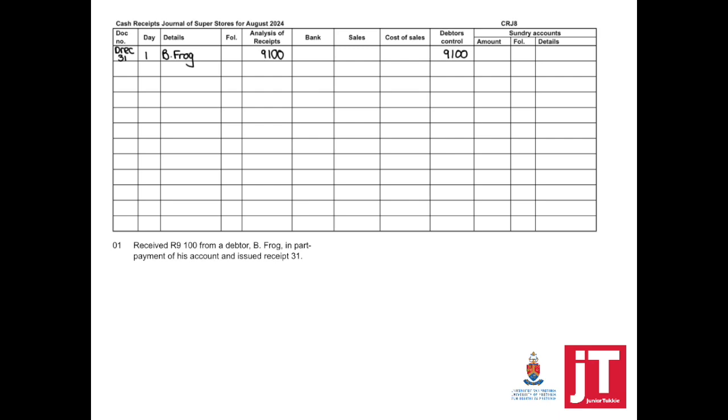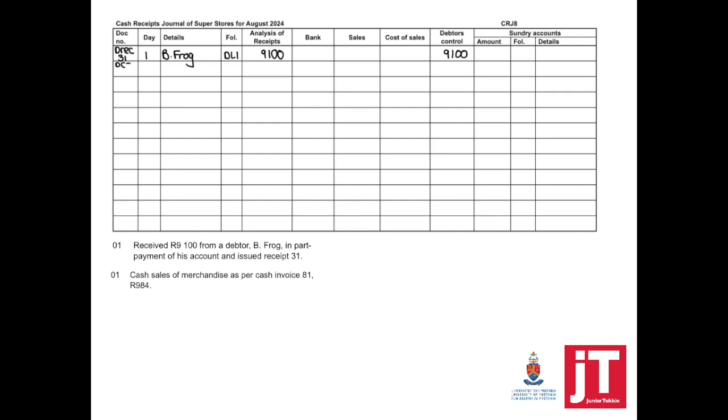How much did we receive? 9,100. For what reason? Debtors control. Very important. At the same time, take it to the individual's account. On the same day, cash sales of merchandise as per cash invoice 81, 984.